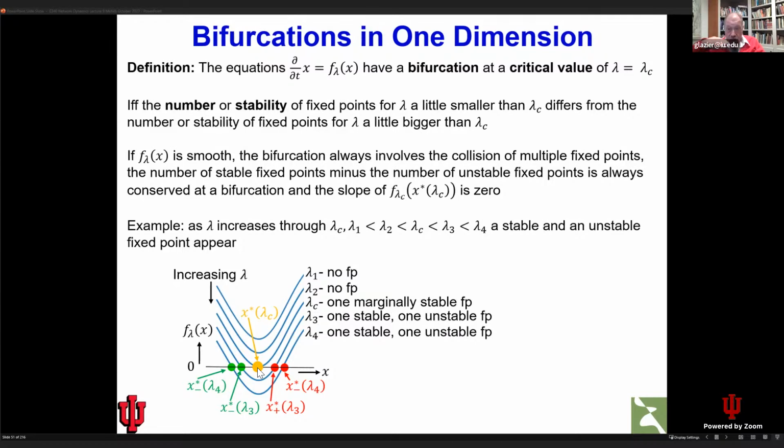At that point, the slope at the crossing is 0. And so I have a single marginally stable fixed point. If I now increase lambda even more, it goes down. Now my blue line crosses the x-axis twice. It has a place where it crosses going down on the left, which is a stable fixed point, and a place where it crosses going up on the right, which is an unstable fixed point. If I increase lambda more, the places where I cross move away from each other.